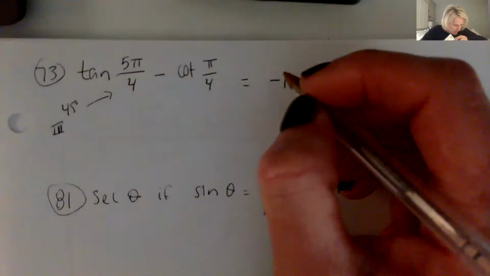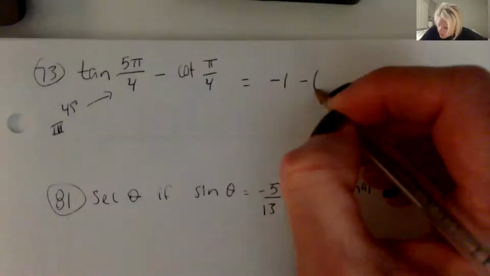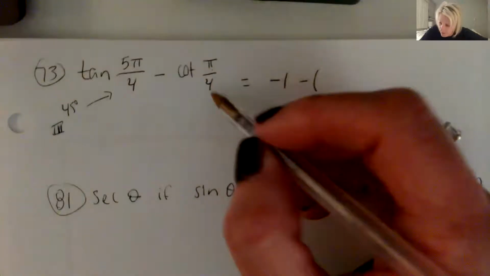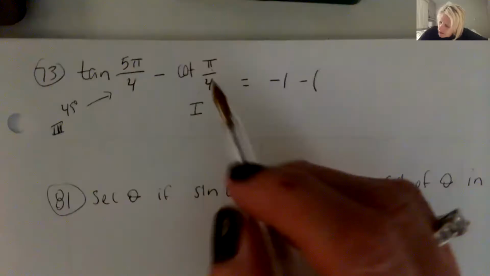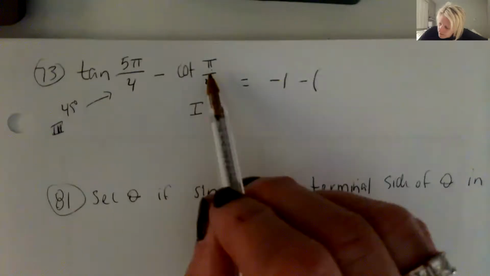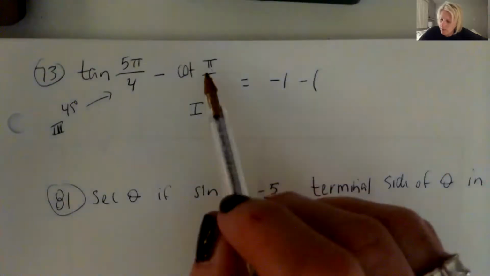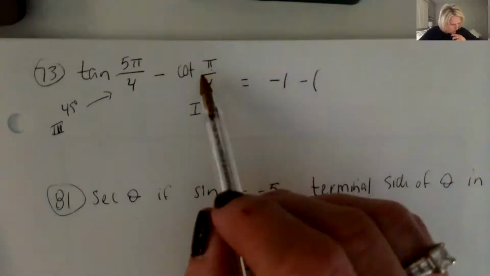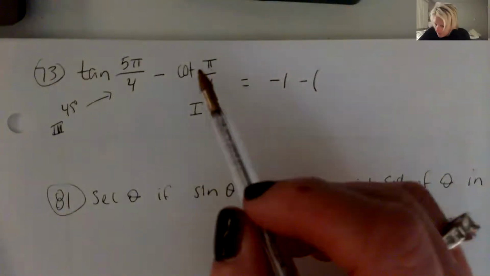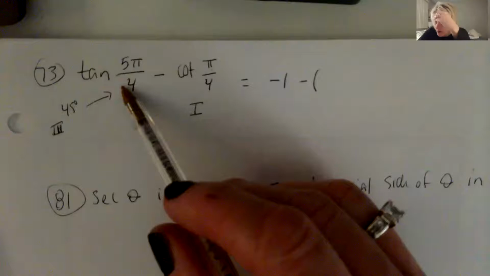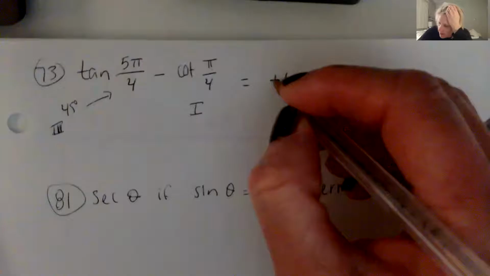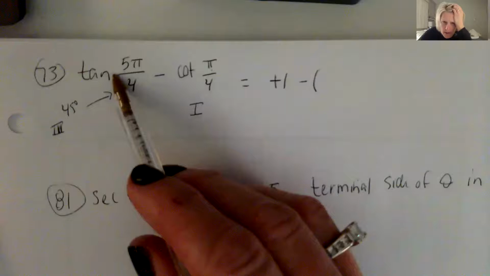So tangent at 5 pi/4 is a 1. Tangent is positive in the third quadrant because it's sine over cosine, and they're both negative in the third quadrant.